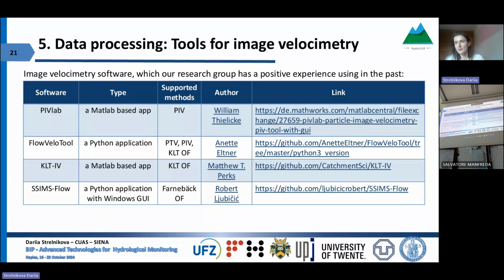And there is also a big image velocimetry suite, which is called SimsFlow, developed by Robert Ljubičić from Belgrade University. It's also a Python application with a Windows interface. The interface is also only compiled for Windows, but all the code, which is doing the pre-processing, the analysis, the post-processing, also image extraction, creation of videos from your analysis results, this is all available as Python methods, so you do not necessarily need to be on Windows to use this tool too.